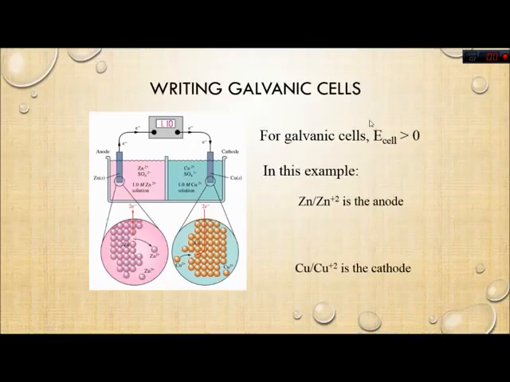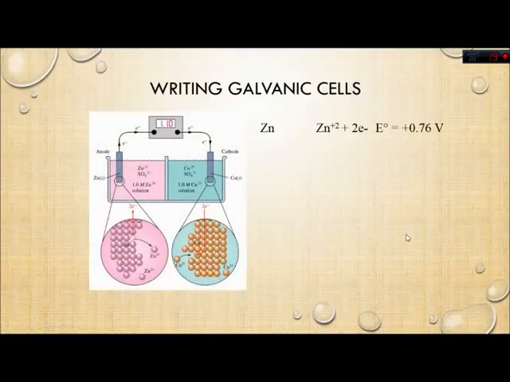So for a galvanic cell, E cell should be greater than 0. In this example, conversion of Zn to Zn2 plus is the anode, and Cu2 plus to Cu is the cathode. So Cu2 plus combining with two electrons gives copper, and its electrode potential is 0.34, and Zn oxidizing to Zn2 plus and 2 electrons gives electrode potential 0.76 volt.